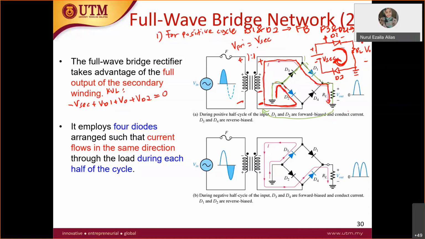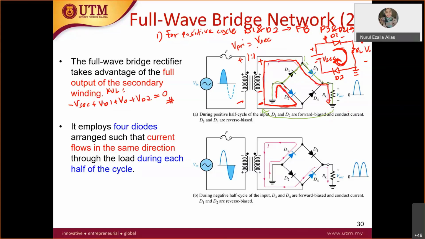Finished. Your loop must cover all components in the loop, so all components involve the two diodes. So this is your KVL. If VD2 and VD1 are the same, therefore it will be 0.7 and 0.7. So that's how you do it.